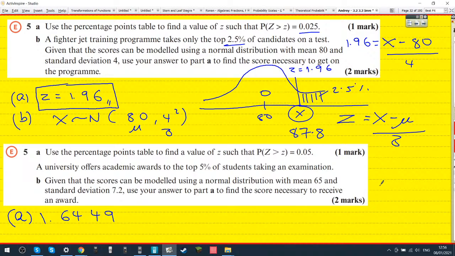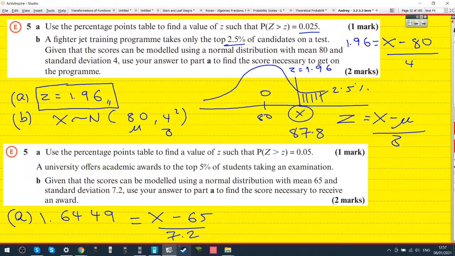And then now I'm doing 1.6449 equals X minus 65 over 7.2. Yep.